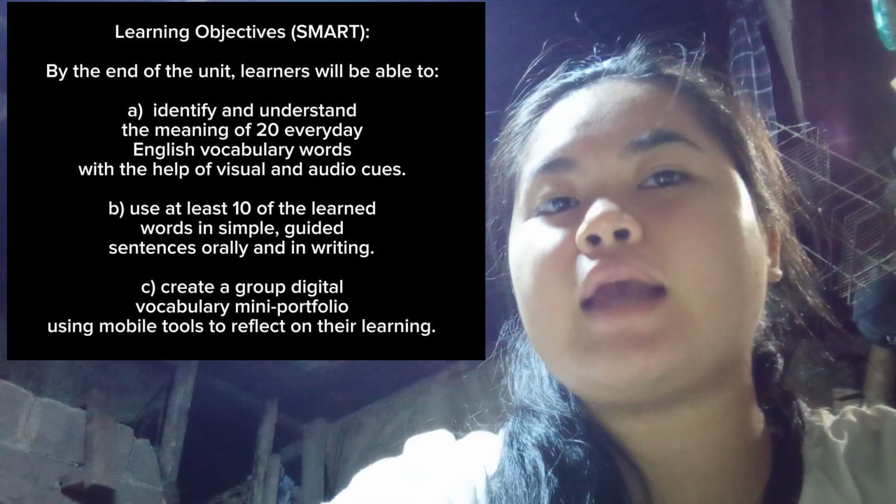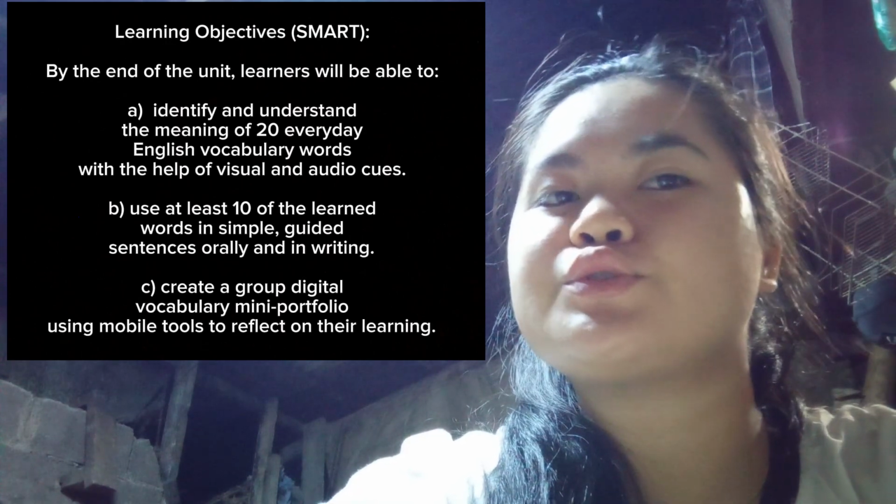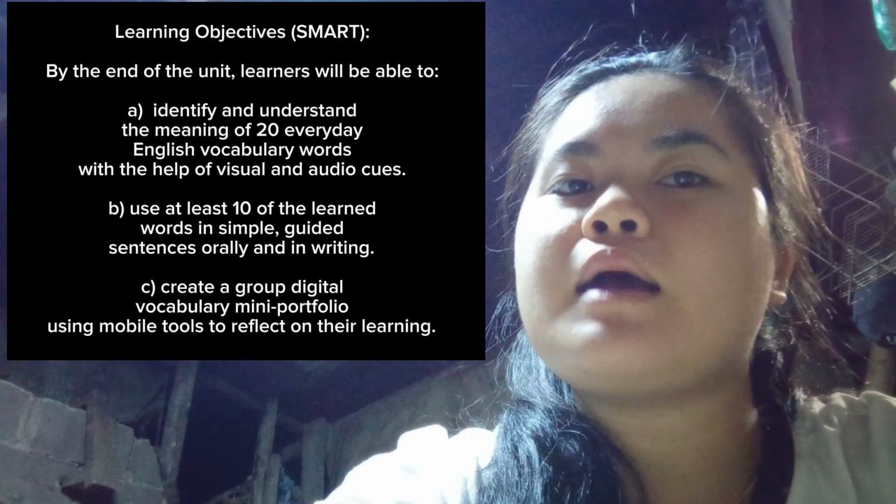And third, create a digital mini portfolio to show what they've learned by the end of the unit. These objectives are specific, measurable, and achievable in 5 to 7 days of instruction, and they also align with what beginner learners can realistically accomplish with mobile tools.